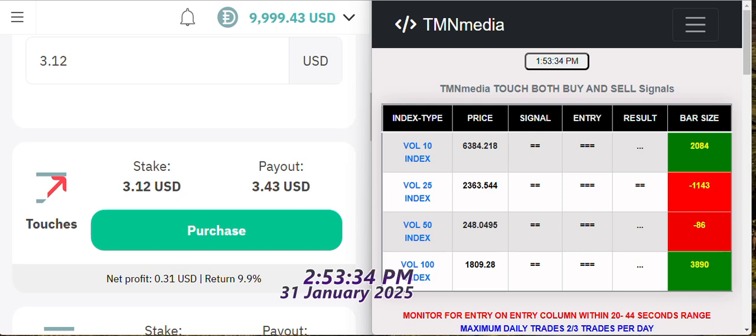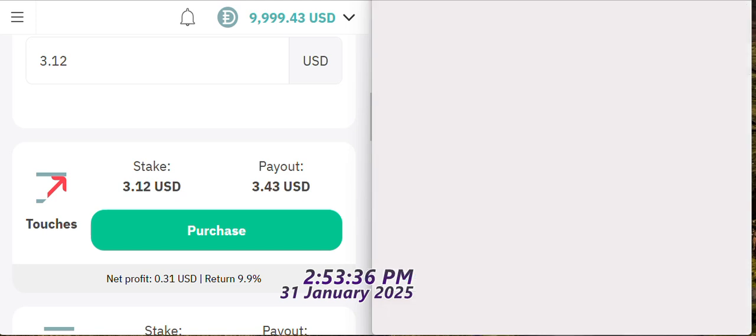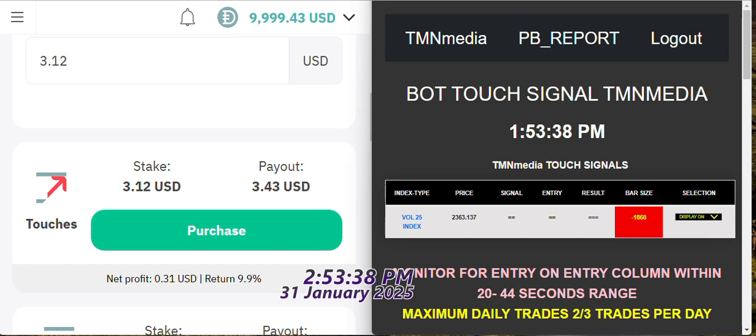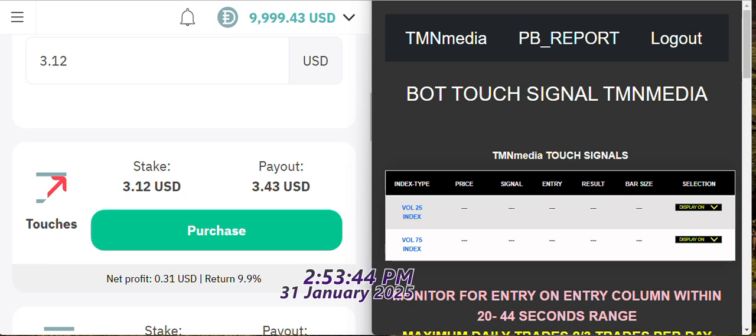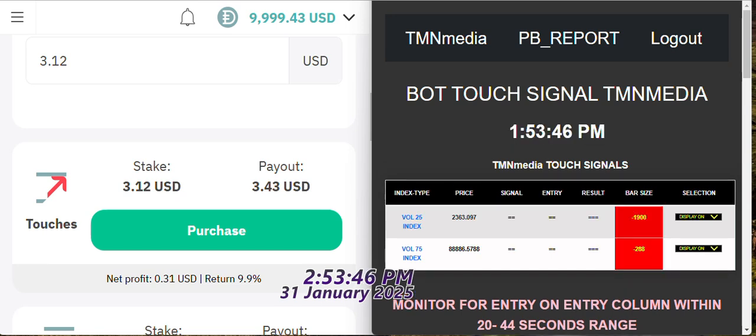Now I have this one, which I'll tell you how you'll be able to access. You'll be able to access it from the robot page. If you go to the robot page, you'll be able to access it. This only covers two indices, 25 and 75.